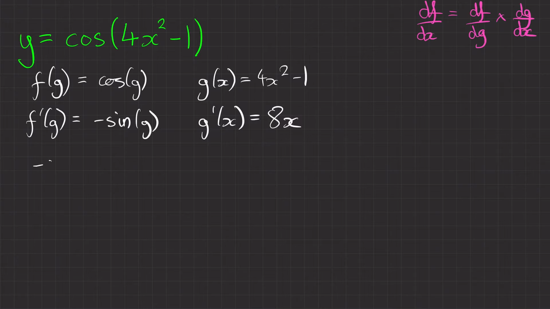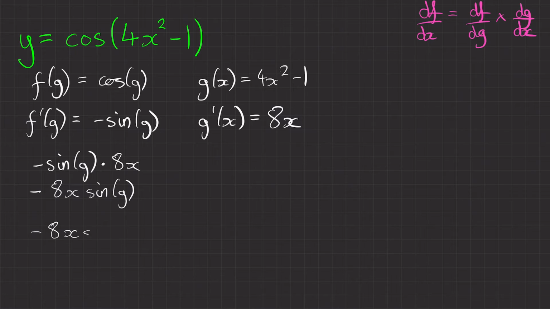So we've got minus sine of g multiplied by g dash x, which is 8x. So we've got so far minus 8x sine of g. And all we need to do at this point is put back our g of x value. So we'll be left with minus 8x sine of 4x squared minus 1.